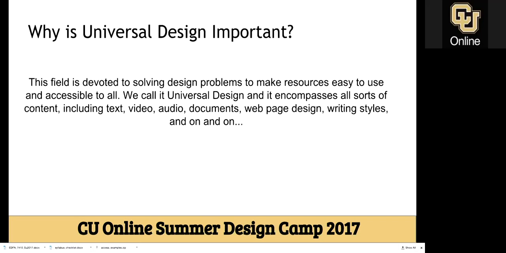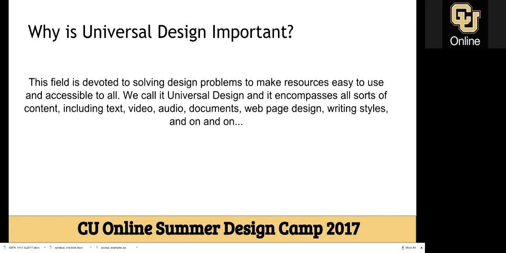Kind of touched on this, but it's a field that's devoted specifically to solving design problems and to make resources easy to use and accessible to all. And it includes all kinds of content: text and video and documents and web pages and web design, writing styles. We could go on and on and on. Anything that you have in your course shell, you're talking about that design aspect of your course, and it needs to be accessible.